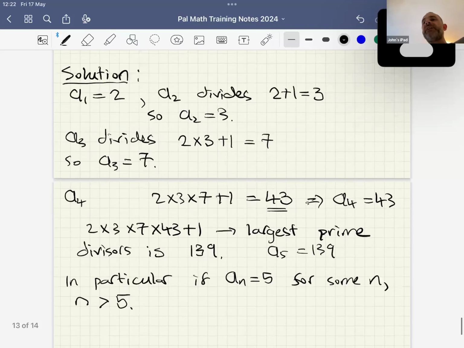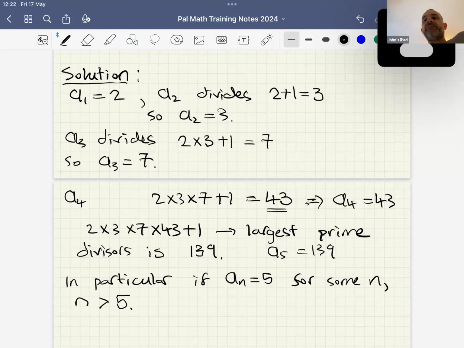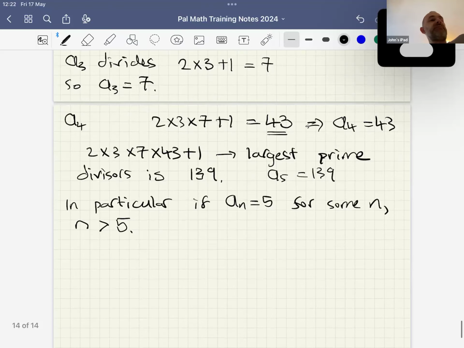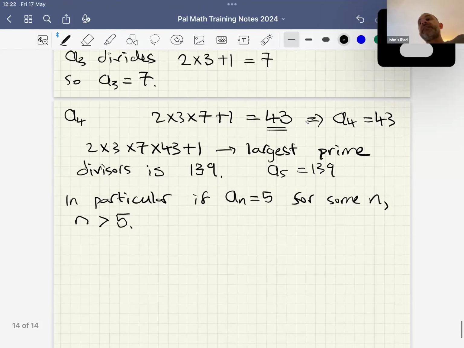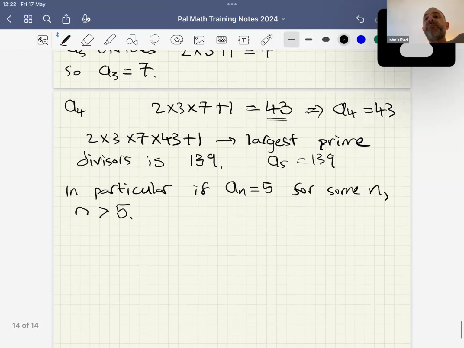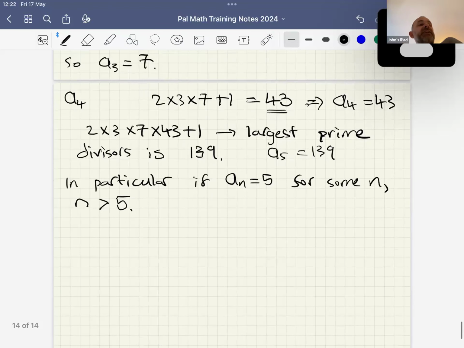Okay, so everyone following this so far? Yes. Okay. We haven't actually got to the substantive part of this. I will say this is not a particularly hard problem. But does anyone have any suggestion now for how to continue?